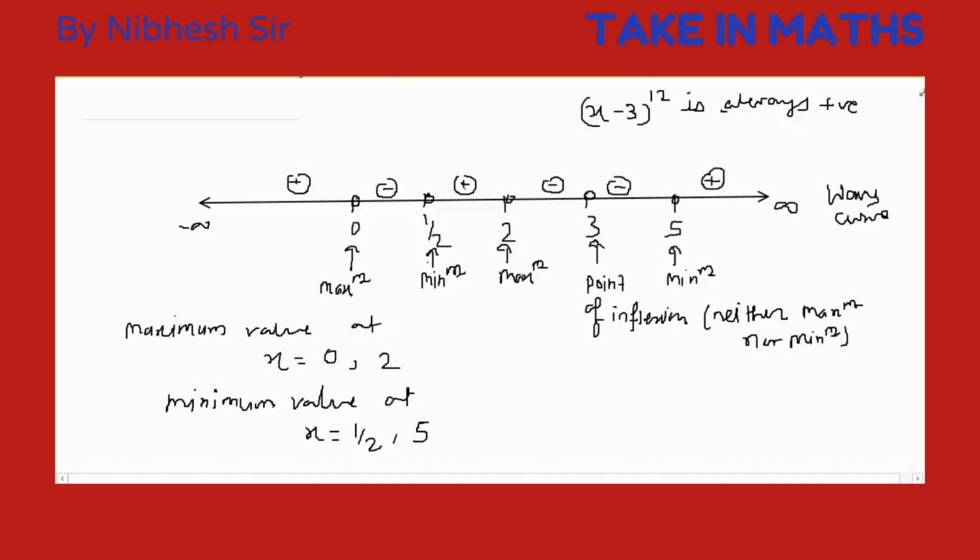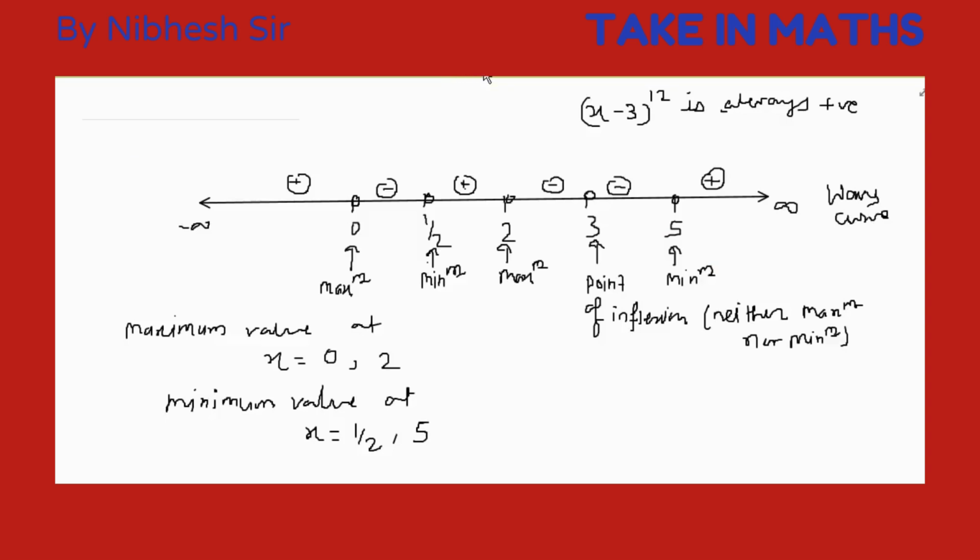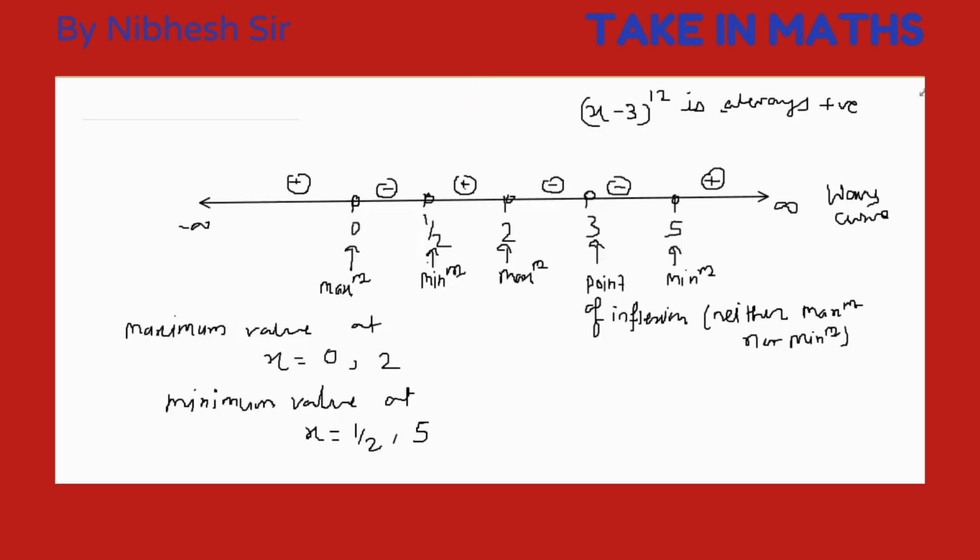Now in the question, what is P? P is the sum of squares of the values of x where f(x) attains a local maximum on S. Those points are 0 and 2, so the sum of squares is 0 squared plus 2 squared, which is 4.